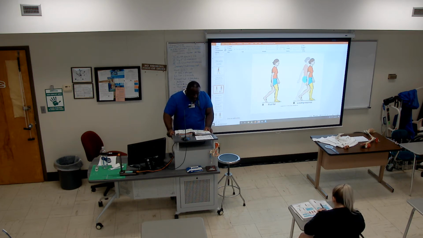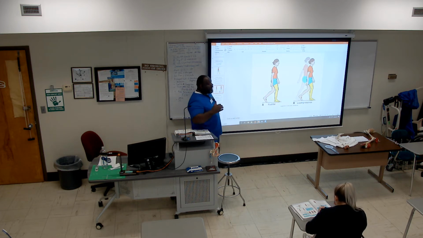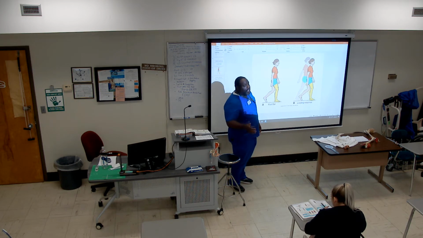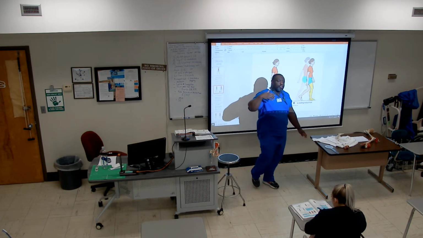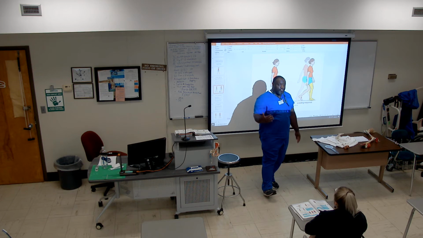Okay? And then the other place I'm going to see weak hamstrings is in terminal swing with gait. Remember, in terminal swing I'm trying to slow the leg down because I'm getting ready to put it on the ground with initial contact or heel strike.